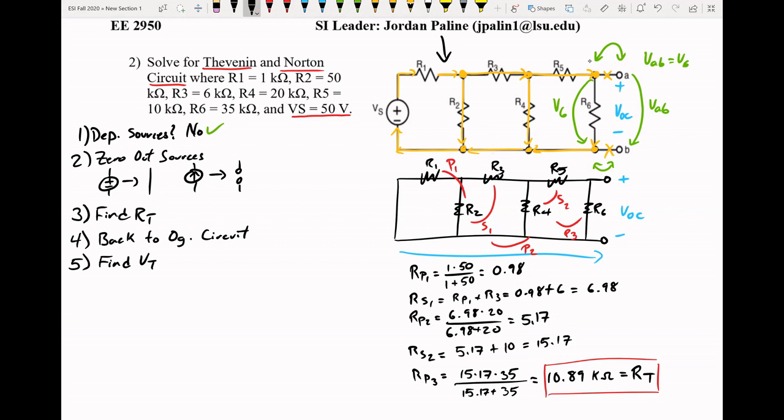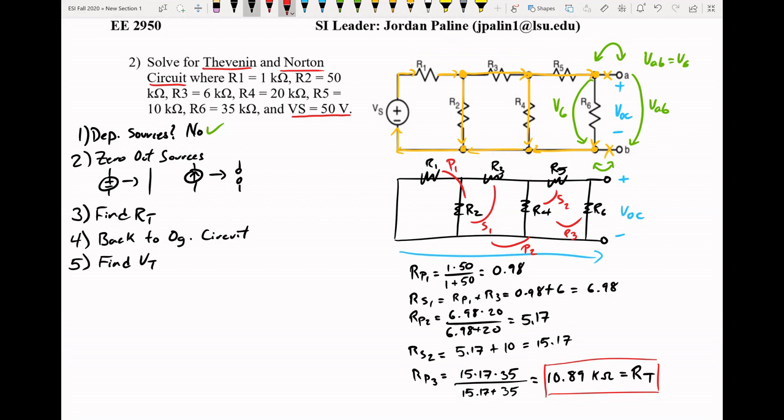An option you have is to combine all of the resistors down this way, find one equivalent resistance, and then determine the current, and then work your way back by splitting up the current a bunch of times. That'll take up about a page of work if you want to do that.